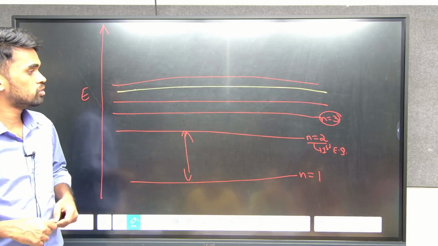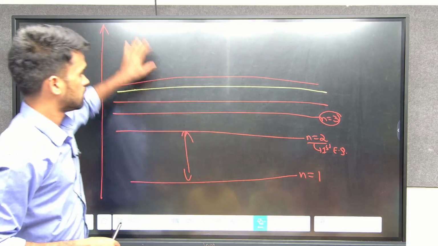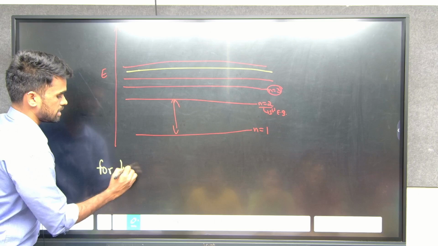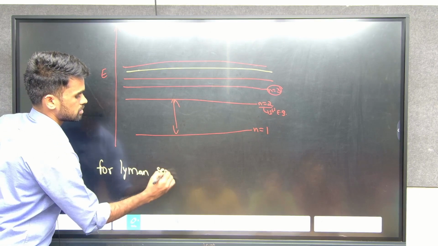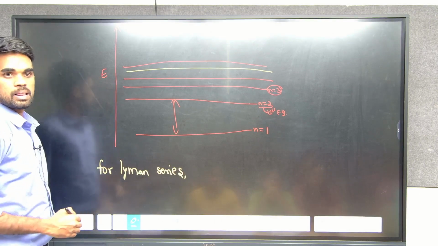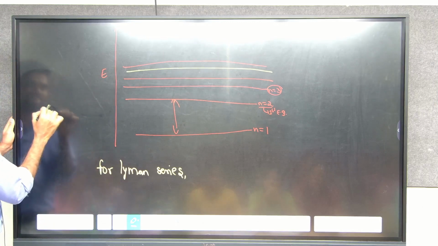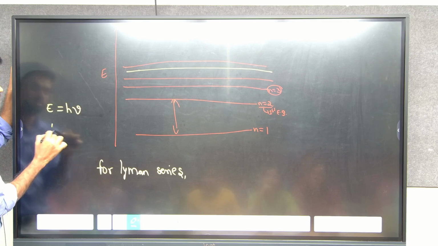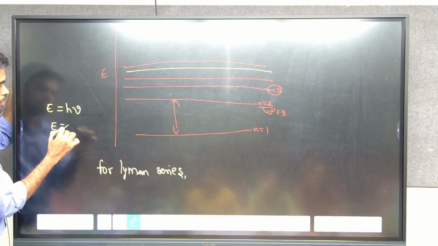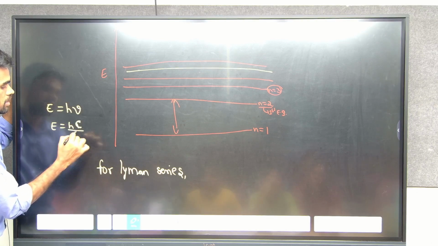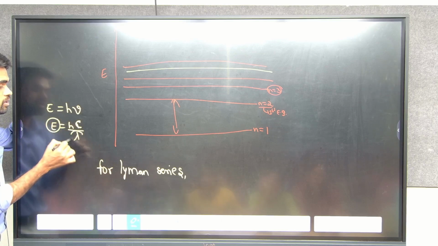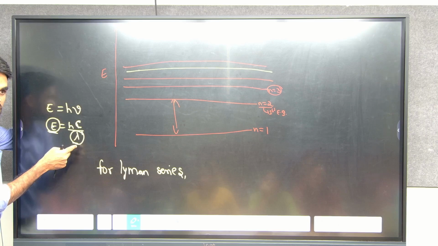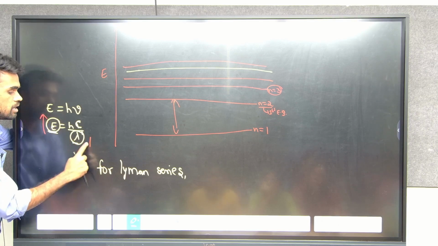Now they will ask you one question like this. For Lyman series, come back to this. Energy frequency relation, what is that? E is equals to h nu. Energy wavelength relation, hc by lambda. So more energy, lower lambda.